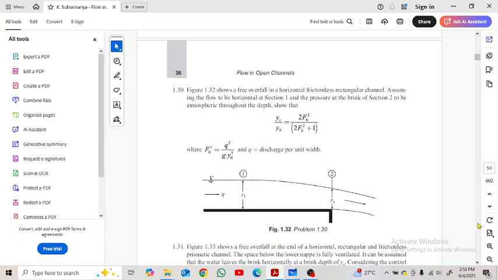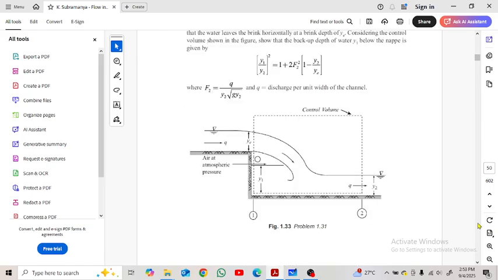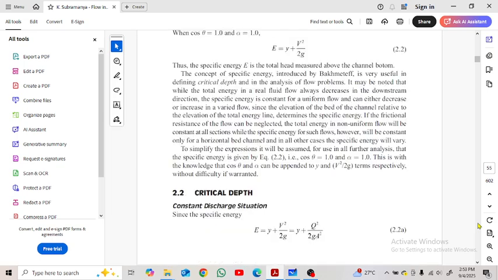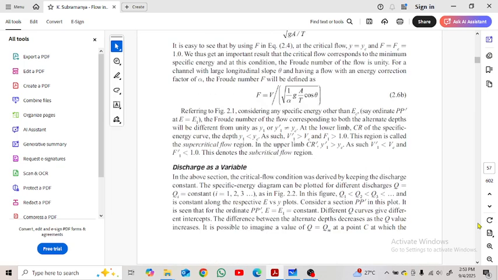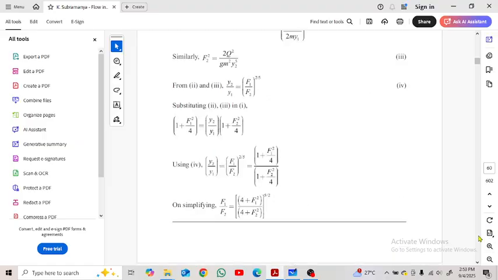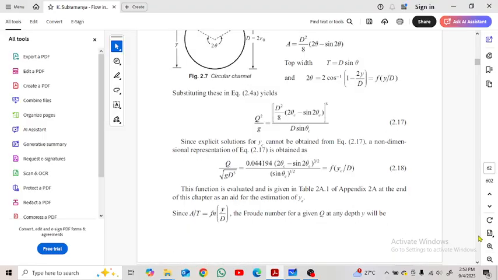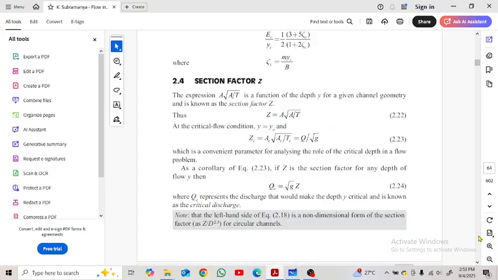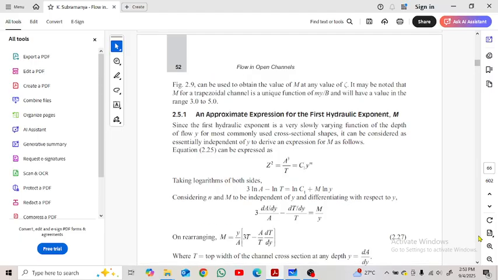So let's walk through the book, where you can see many questions. In the energy and momentum principle, these questions give you the idea of how to calculate the critical depth for different channel sections.